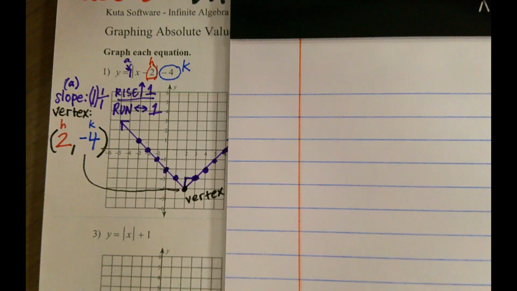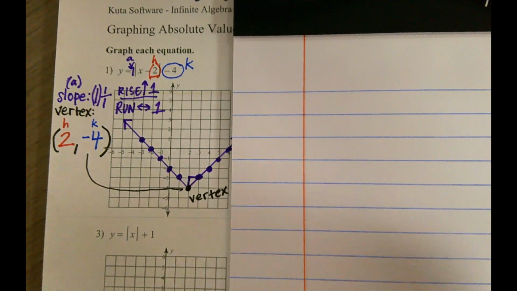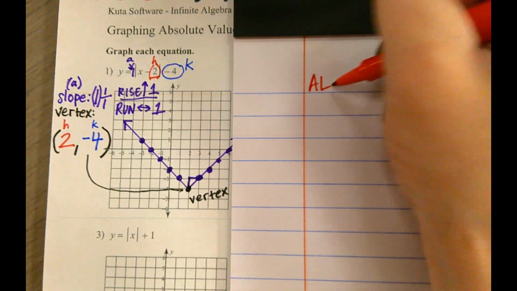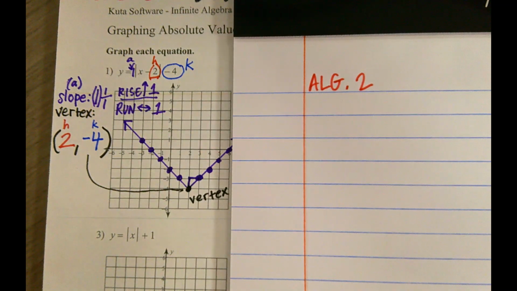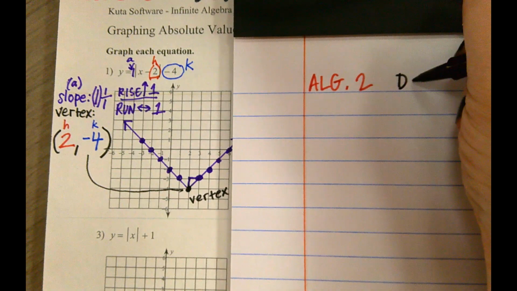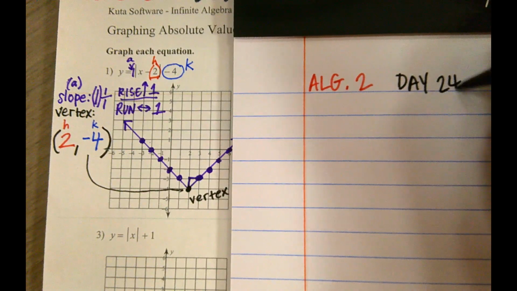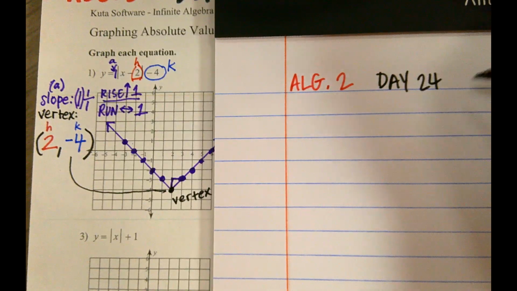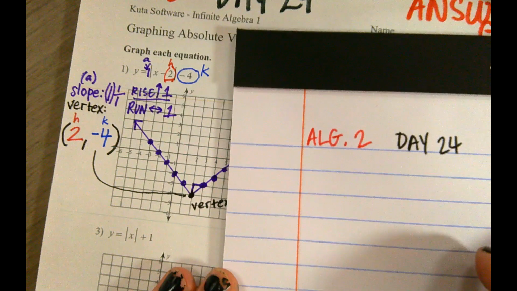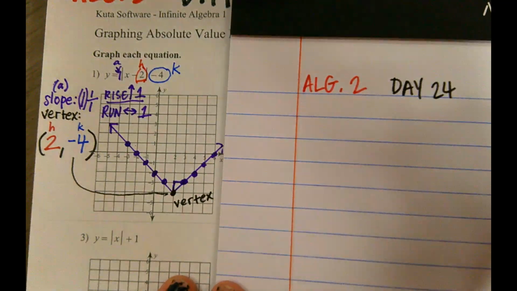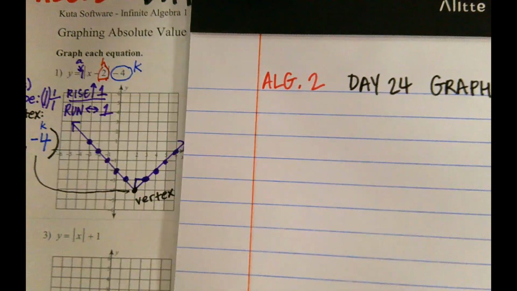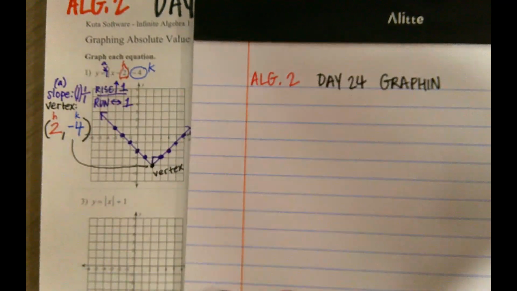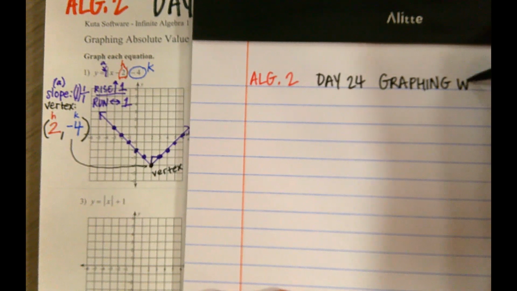I'm going to zoom out just a little. Algebra 2, Day 24. We'll call this graphing worksheet.